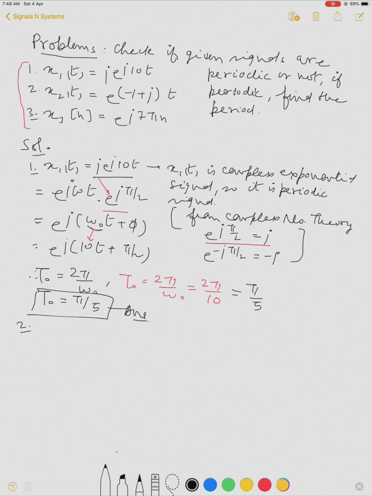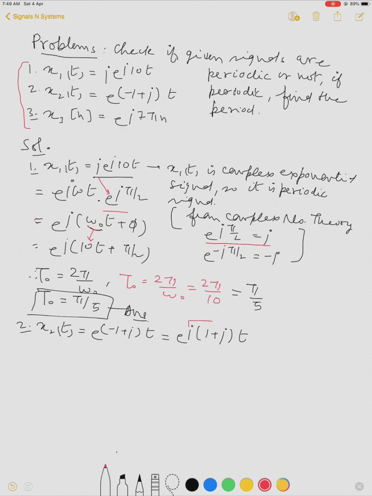Next is x2(t), e raised to the power (minus 1 plus j)t. Again we can simplify this in terms of the standard form, e raised to the power j omega t. We can write it as e raised to the power j(1 plus j)t. How are we writing this?